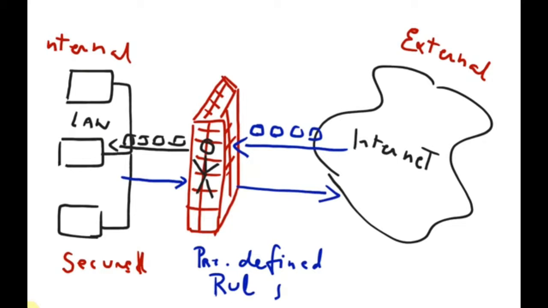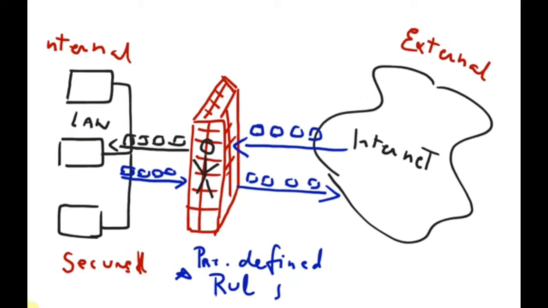So when we are sending packets to the internet, the firewall can also check if those packets are okay, if they meet the predefined rules, and if they do, then the firewall sends those packets to the internet.